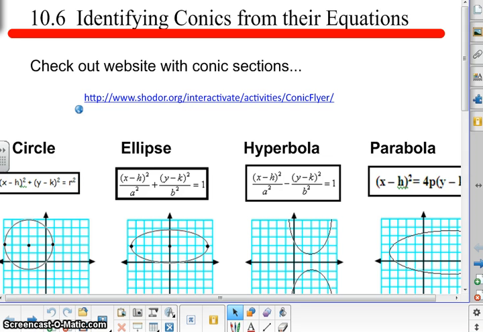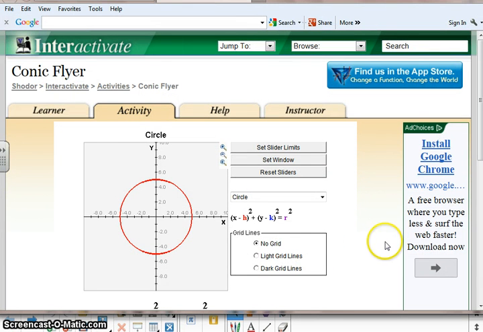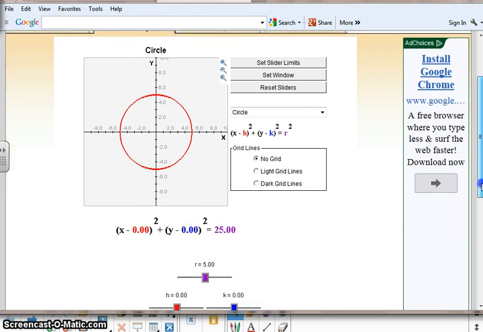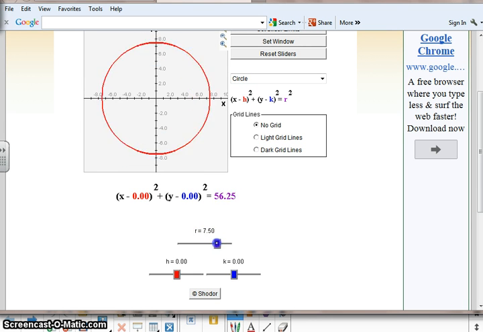Now, I do encourage you to explore the website, and I don't know if you can actually click on it because with the videos, I don't know what's going to happen. But if you do get it to work, it looks something like this, where if you take the circle and move the radius, it's going to make a larger radius versus a smaller radius.